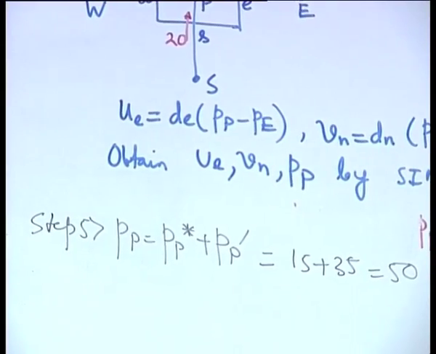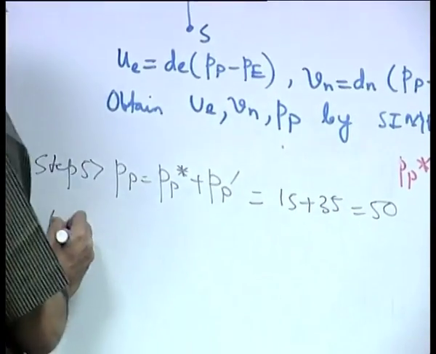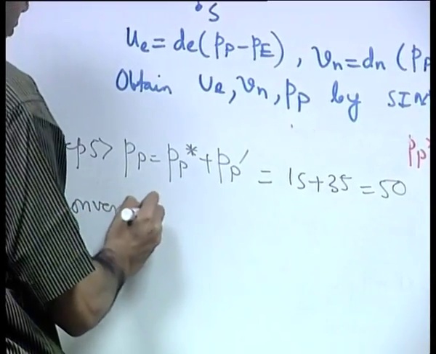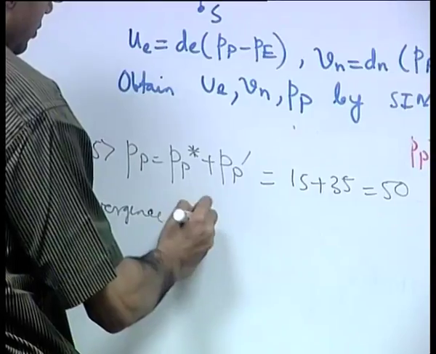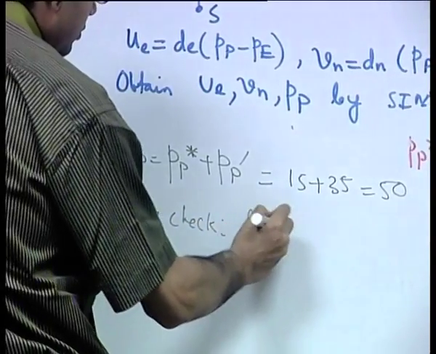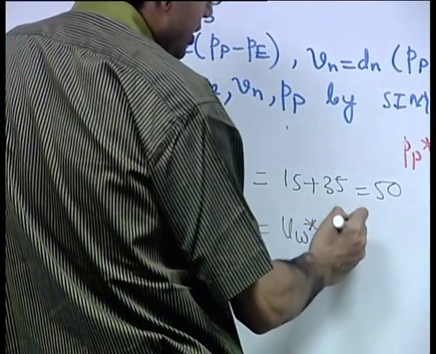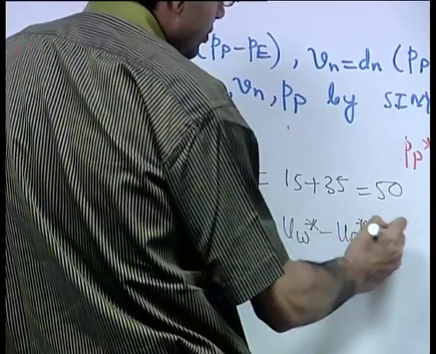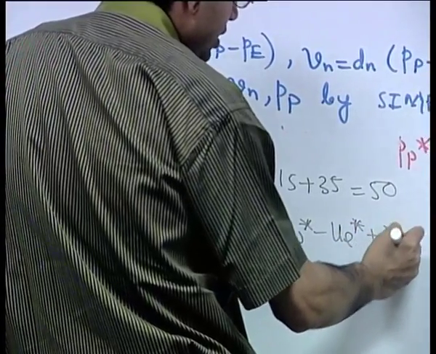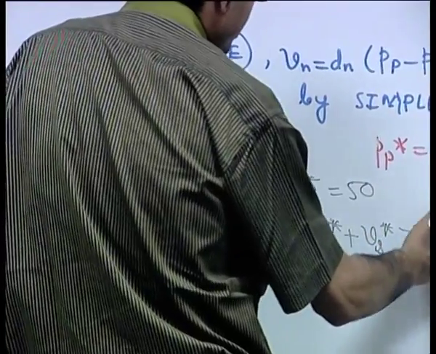Next, convergence check. What was b here? UW star minus UE star plus VS star minus VN star.